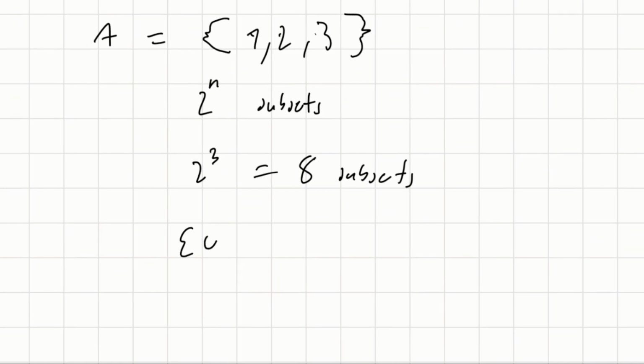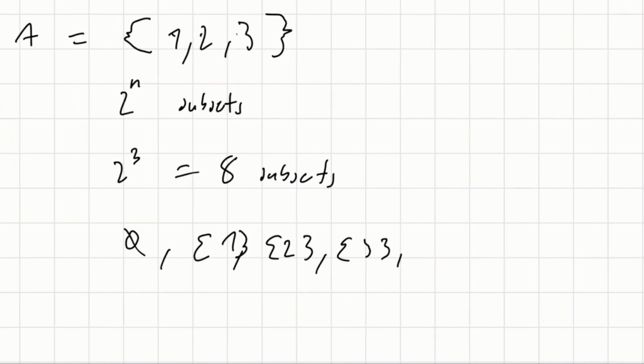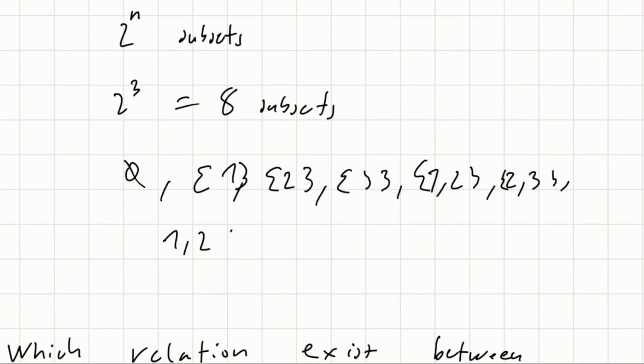The first subset, of course, is the empty set. Then we start again, smallest to biggest: {1}, {2}, {3}, {1, 2}, {2, 3}, and of course {1, 2, 3}.